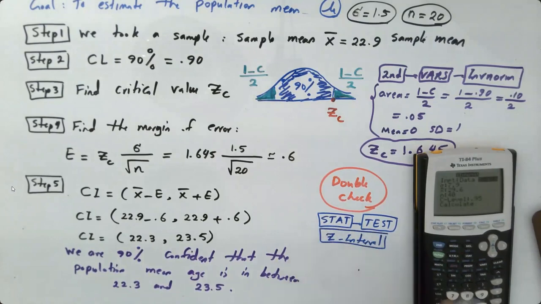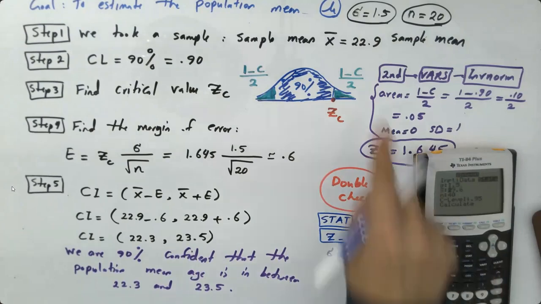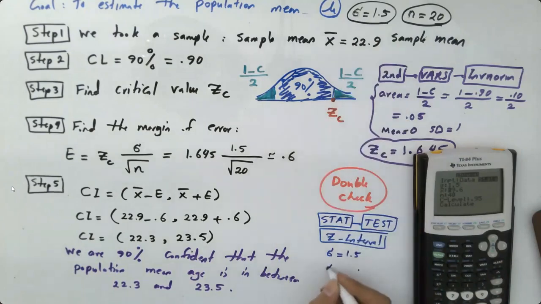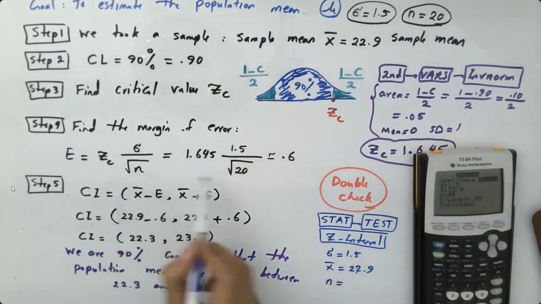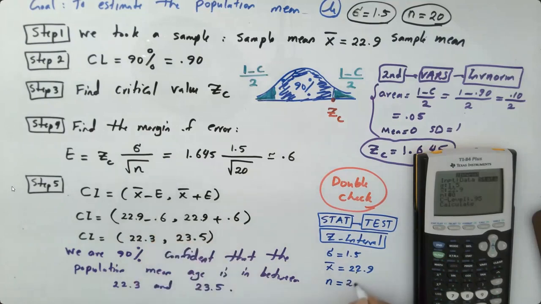Very good. Let's enter the information. We have the statistics. So the standard deviation of the population is 1.5. Then x bar, 22.9. Then you're going to go to find n. N is the sample size, which is 20.